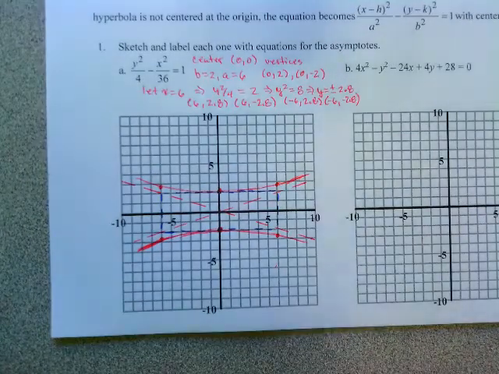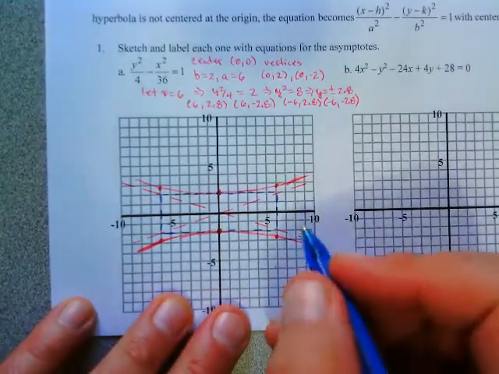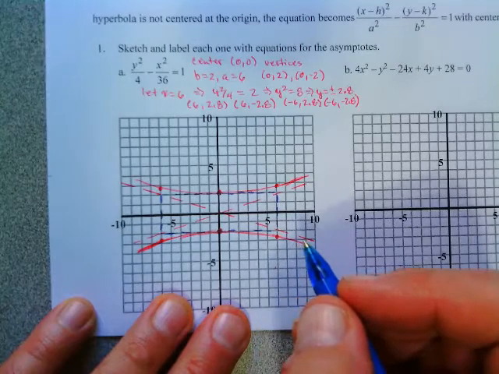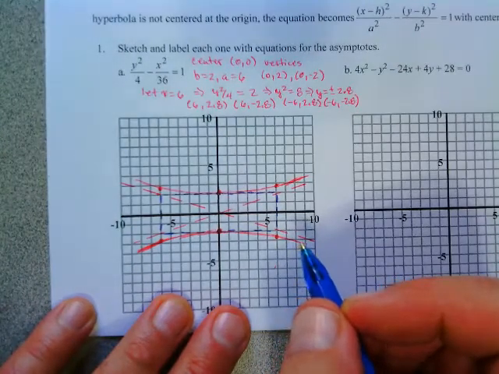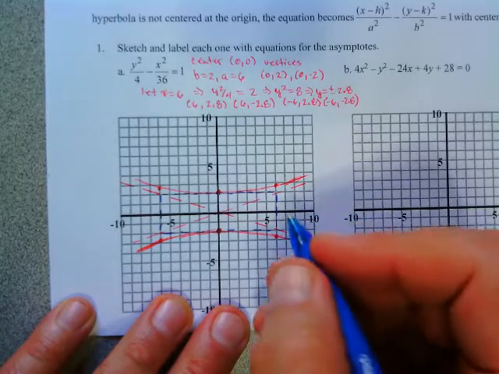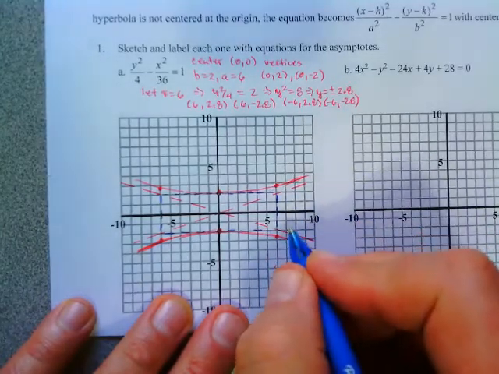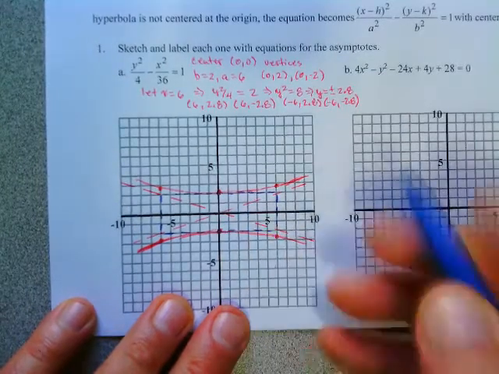In terms of the asymptotes, for this one we're going to have A over B, so we're going up 1 and over 3.